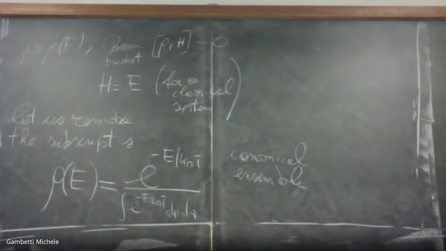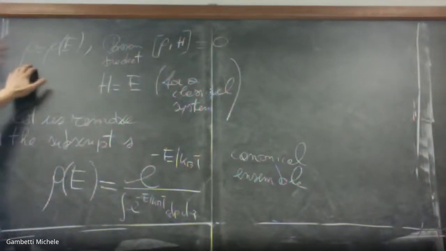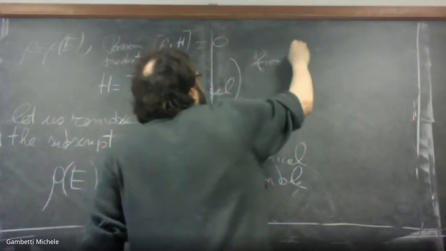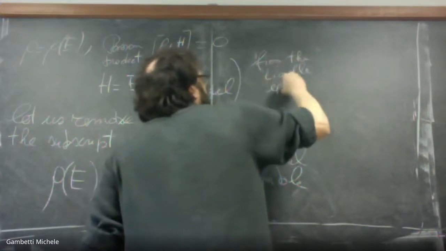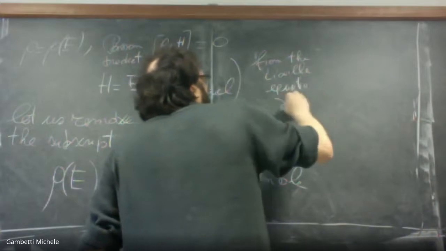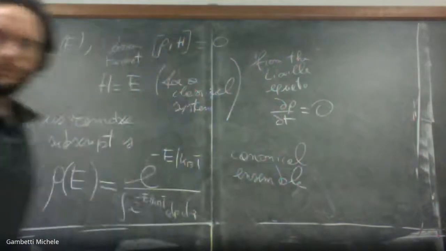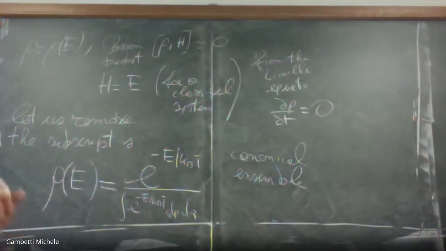For a quantum system, this will be an operator, but also this one will be an operator. And okay, so this Poisson bracket is anyway equal to 0, and therefore from the Liouville equation, I know that the partial derivative of rho with respect to time is equal to 0. And therefore, indeed, this probability function will describe my thermodynamics of the system S.